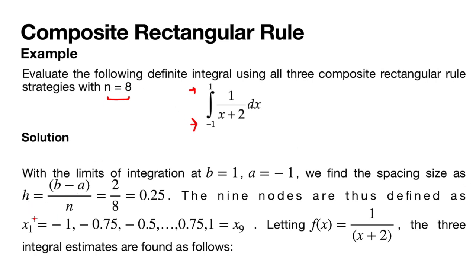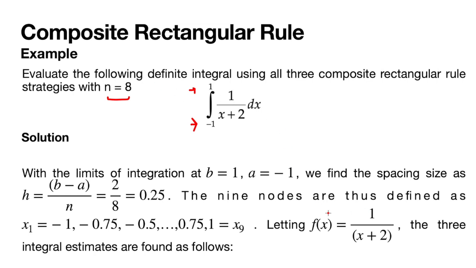We will use this formula for h: b minus a is 2, divided by 8 is 0.25. So 0.25 will be the spacing between each interval. As there are 8 subintervals, there will be 8 plus 1, 9 points.